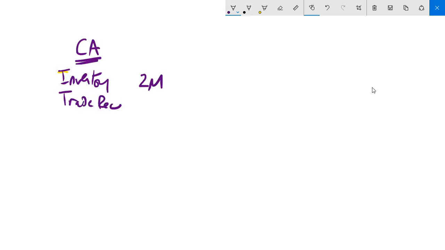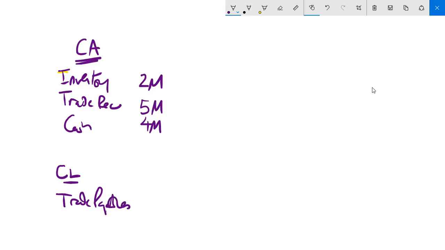Trade receivables, 5 million. Cash, no, not 4 million for cash. Let's have cash at 1 million. And then we have current liabilities, trade payables at 4 million.